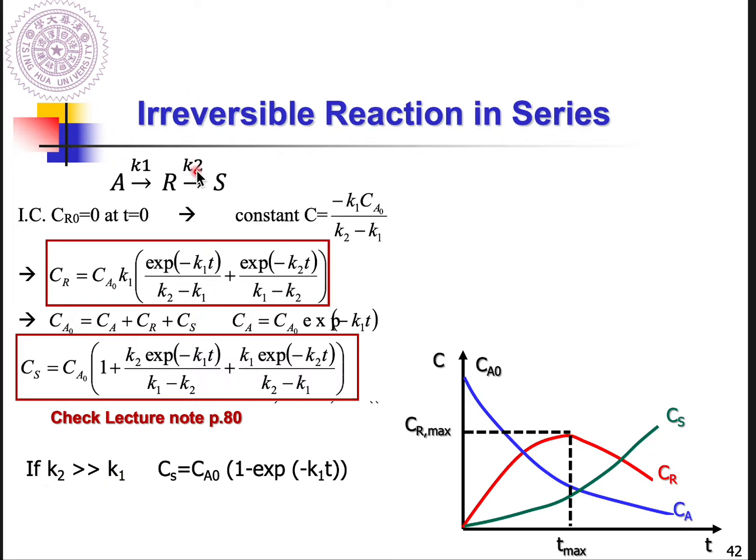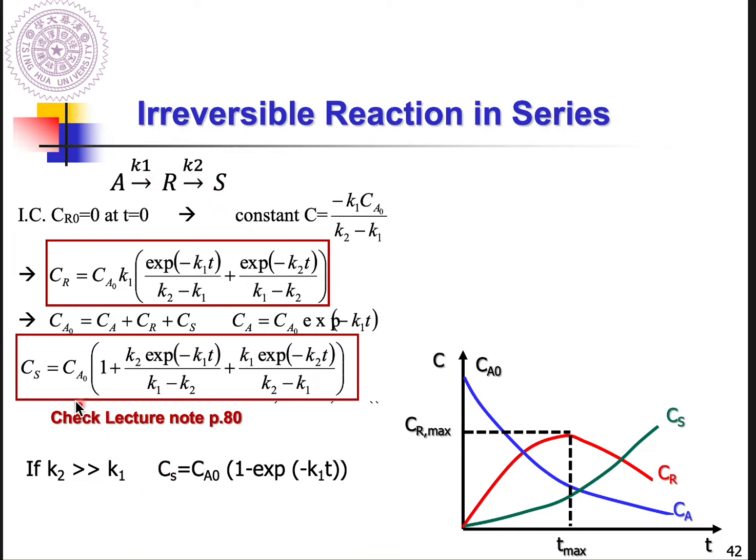So we assume k2 is much larger than k1. What's k2 much larger than k1? This is fast. This is very slow. So that means A generating R is very slow. But as long as you have R, you will immediately generate S. So you only have a small chance to observe R in this series reaction because k2 is much larger than k1.